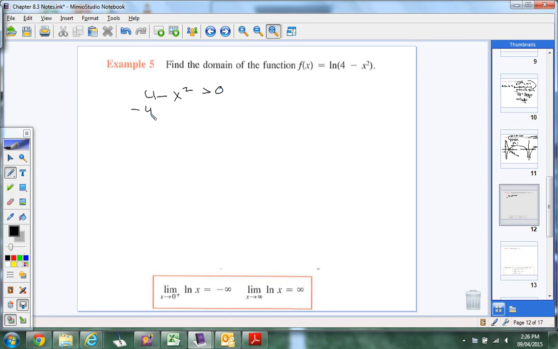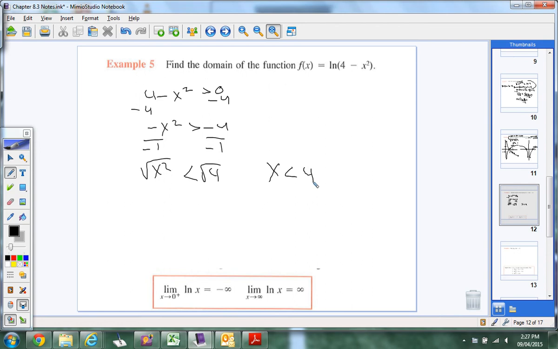Okay, so I'm at -4. Divide by -1, makes me flip the inequality, and then square root. Okay? By square rooting, though, I get x less than 2, and then I also have the negative example.